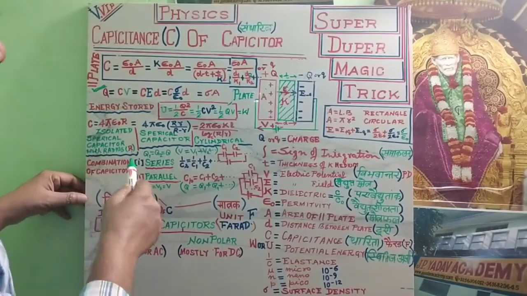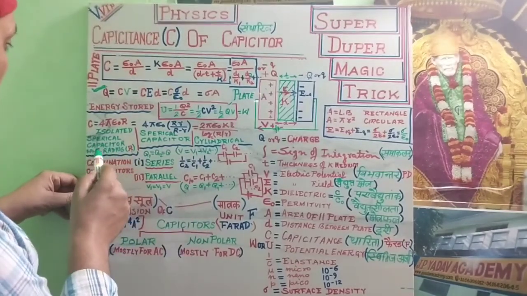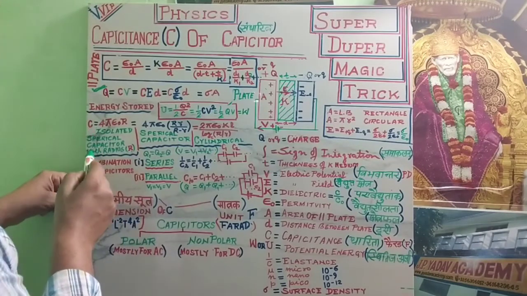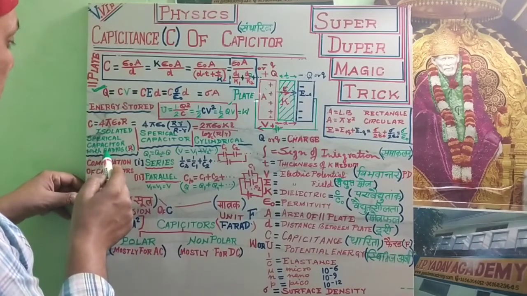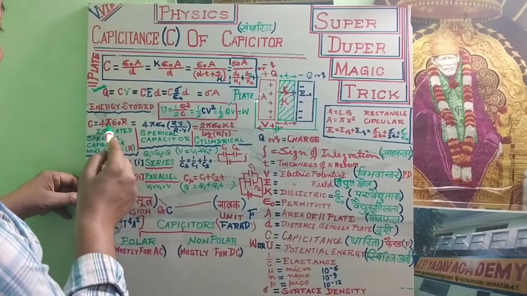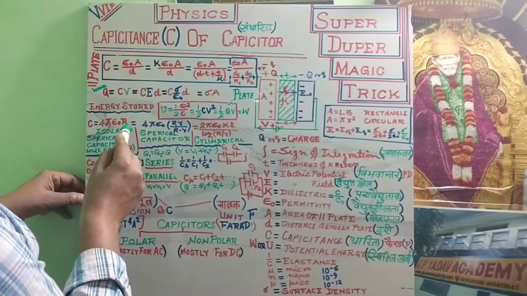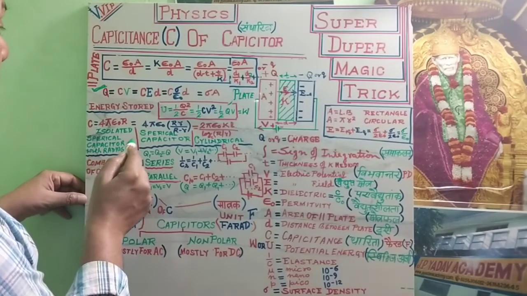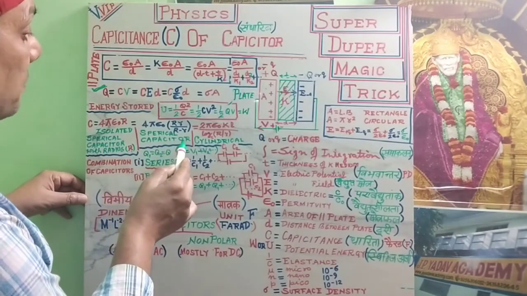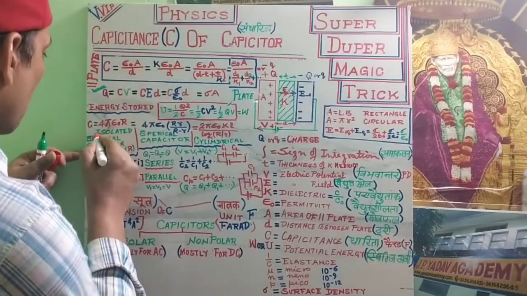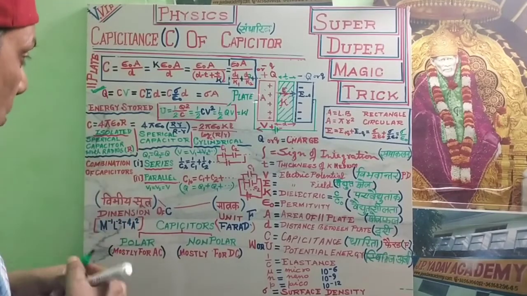Now in case of other types of capacitor like spherical capacitor and cylindrical capacitor: for an isolated spherical capacitor with radius r, C equal to 4 pi epsilon 0 into r, where r is the radius of the sphere. This is only for the isolated one.